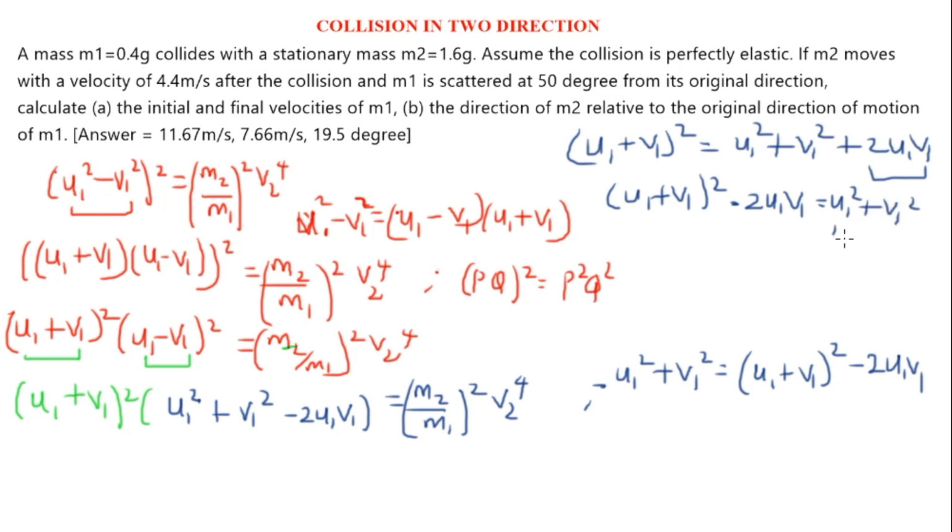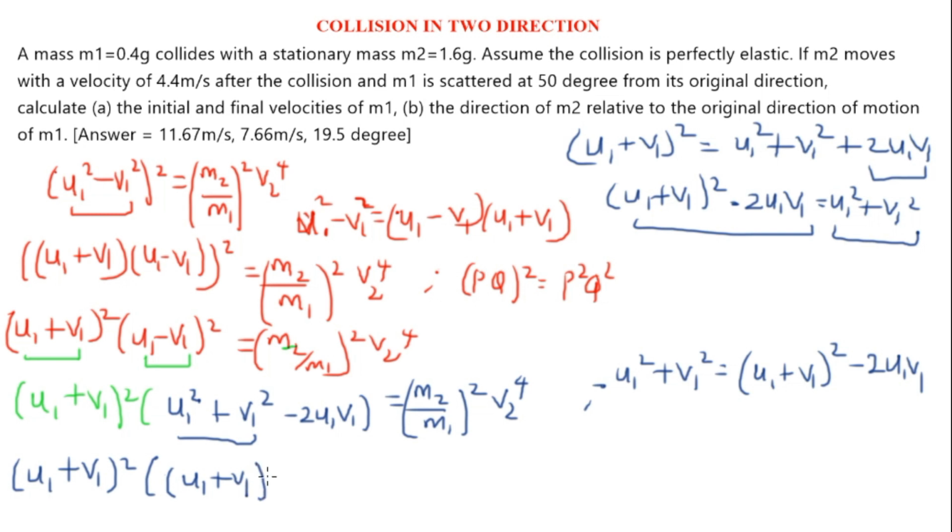It means that anywhere I see u1 squared plus v1 squared, I'll substitute it so that it becomes (u1 plus v1) squared minus 2u1 v1.